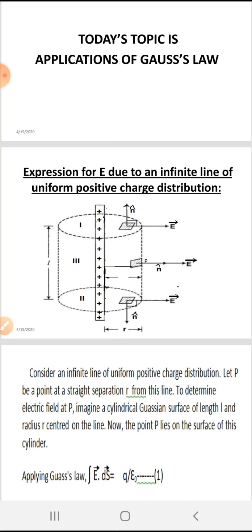This is vector E due to an infinite line of uniform positive charge distribution. For that, we have to consider an infinite line, extending up to infinity, with uniform positive charge distribution.